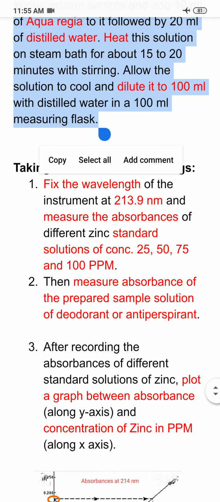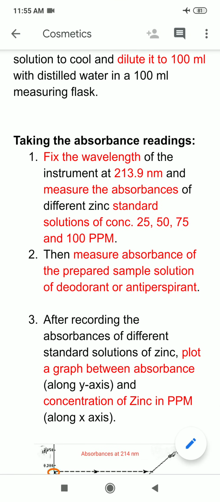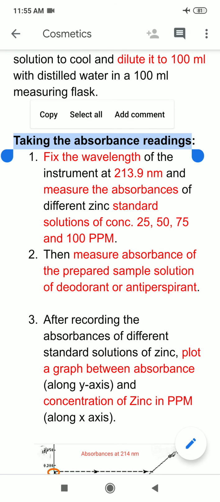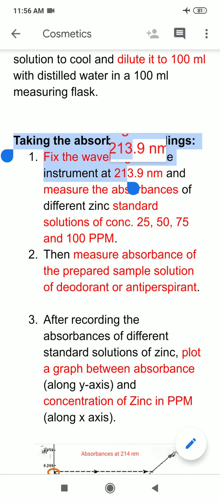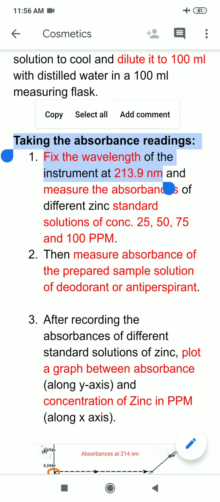Now the next step will be recording the absorbance or taking the absorbance reading. As in case of aluminium, we used the wavelength, exact value was 309 nanometer. So in case of zinc, we need to fix the wavelength of the instrument at 213.9 nanometer, say equal to 214 nanometer.